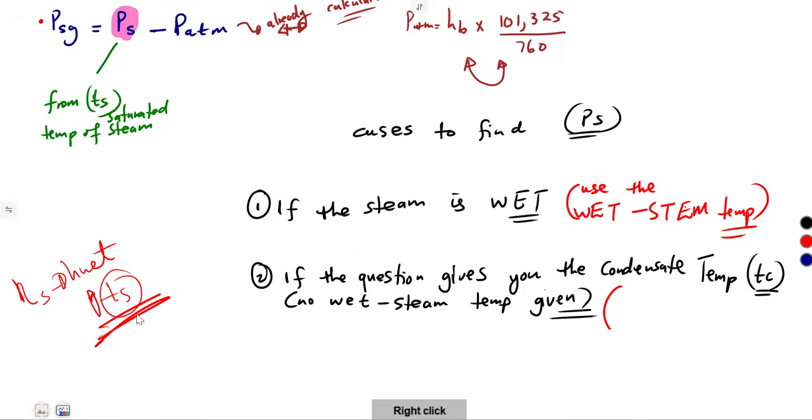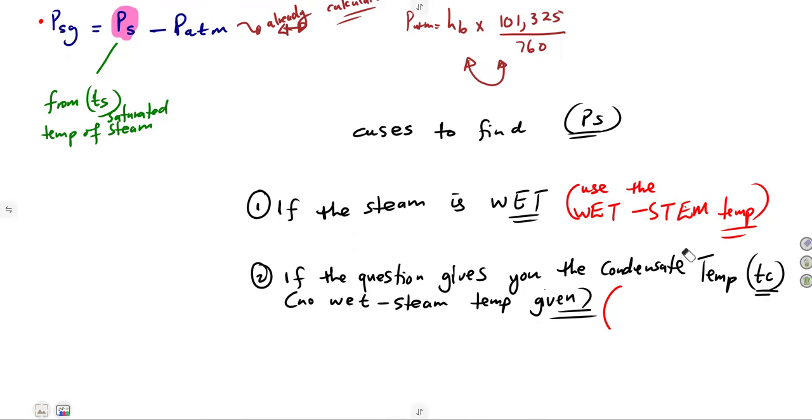But when it is not given, then you work with the pressure, which is your absolute pressure. It is the same thing with this one. When the wet steam temperature is given, it is there.